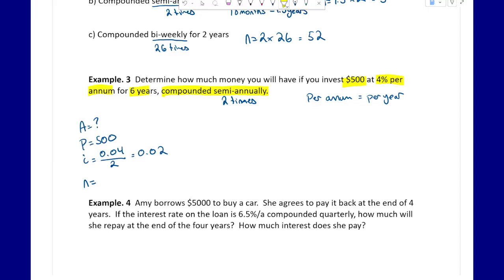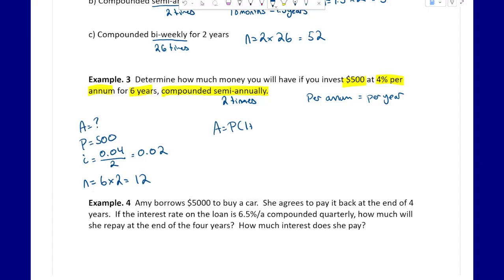N, number of years, is 6 years. But remember, we do have to do another calculation. It's 6 years, but compounded semi-annually, so twice a year for 6 years, or 6 times 2, and we get 12.